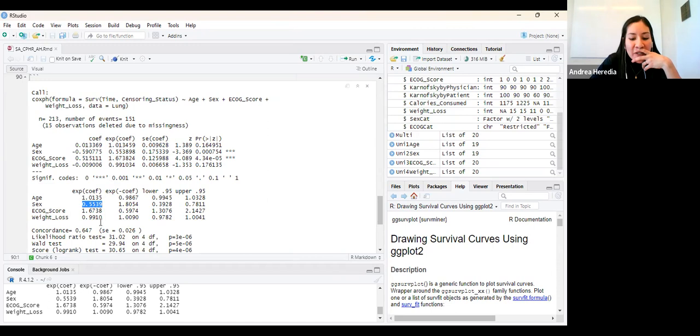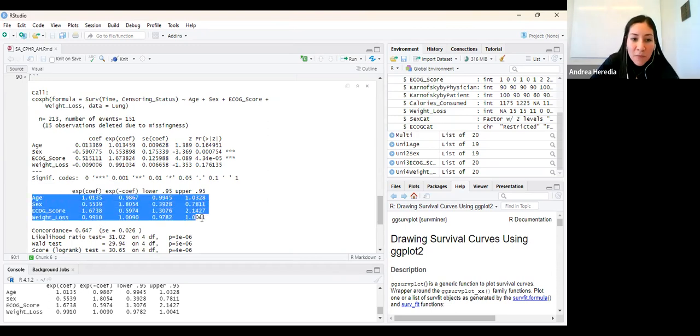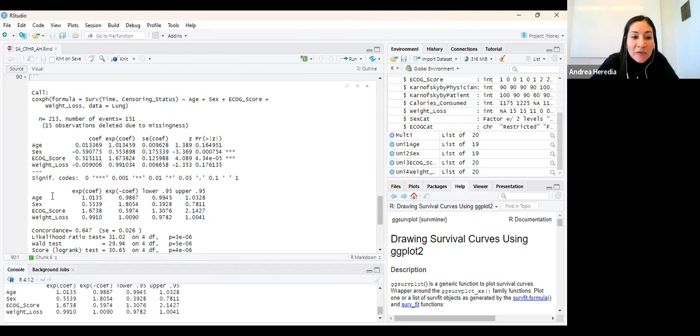The way you interpret this is, if all of the other variables in your model are held constant, being female, because remember that our reference category is being male, reduces the hazard, in this case death, by a factor of 0.55, or you can also say by 45%. Once again, we conclude that even in the multivariate analysis, being female is associated with a good outcome.